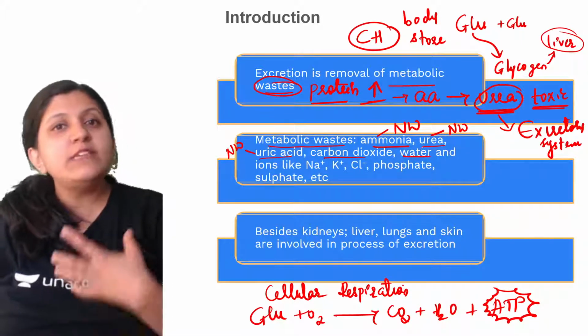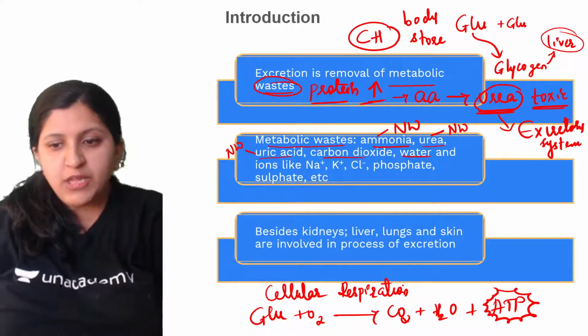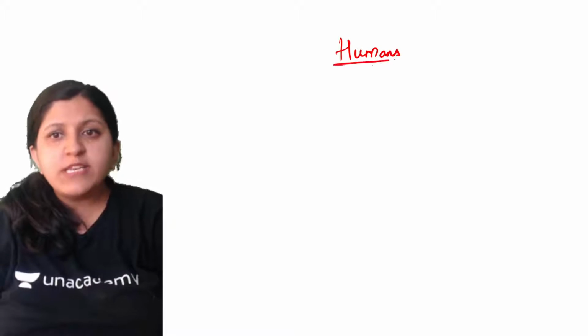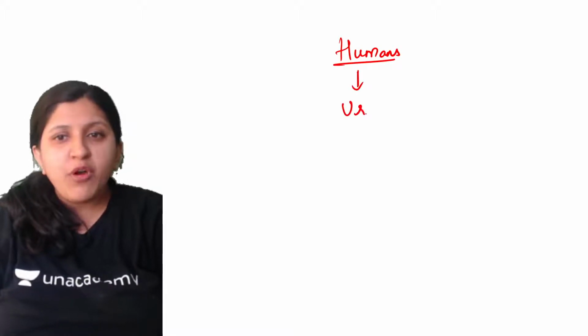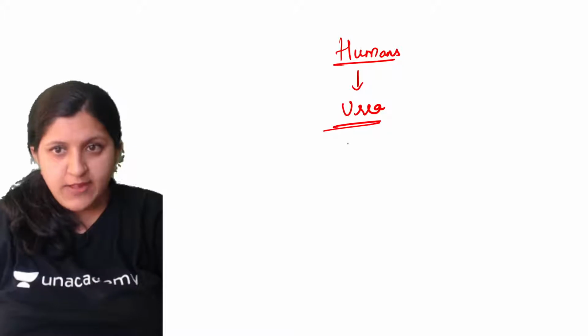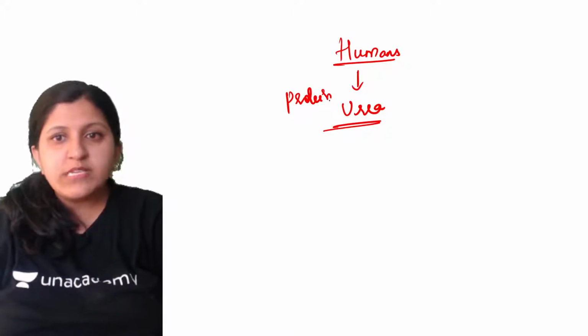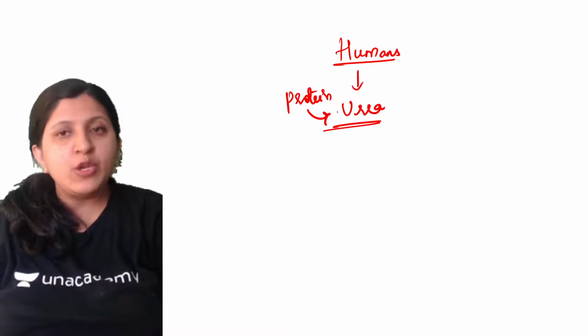In our case, in humans, we are mostly forming urea itself. Excess protein will be converted into urea.